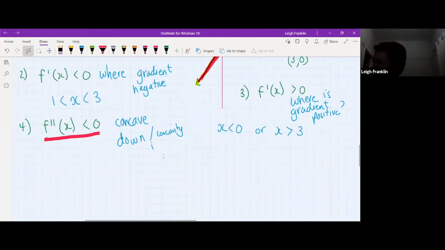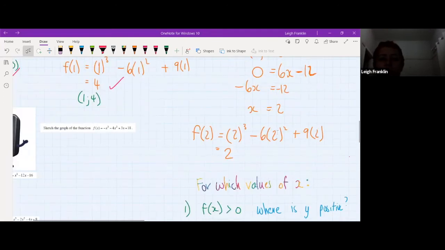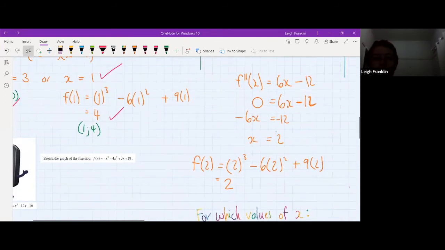Remember, who was it, Colifelo? Who told me the coordinates at the point of inflection so nicely? Was it Colifelo? It was Hope. Was it Hope? Yeah. Who said 2 and 2? Who did this so nicely?